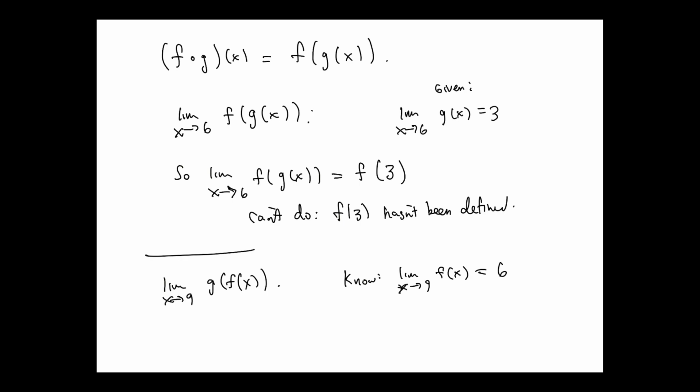It was 9. Okay, that was given. Do we know what f of 9 is? It's 6. And do we know what g of 6 is? Okay, so what is this going to work out to? 9. Okay, we happen to know all the requisite pieces of information.